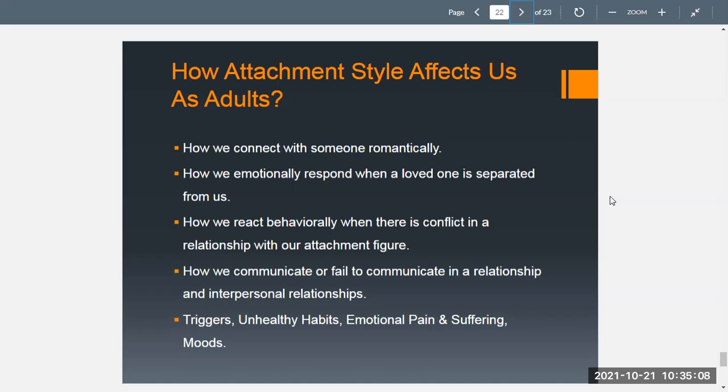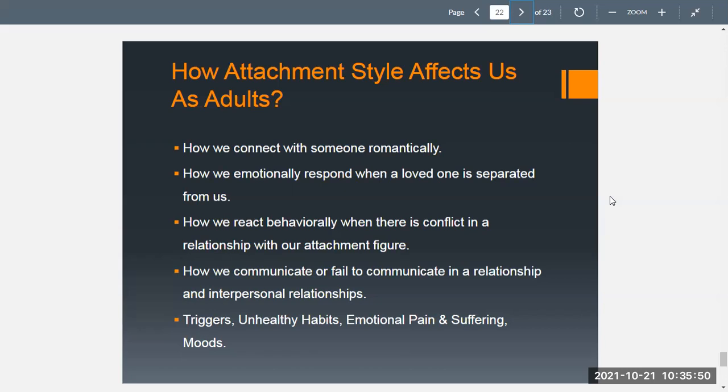And once you understand what your attachment style is, you'll know that based on your attachment style, there's the part of your brain called the activation system. An activated attachment system means that if you're an anxious attachment person and you're with someone that's an avoidant attachment, and that person does something that triggers your attachment system in your brain, you're automatically going to go into certain patterns and modes.